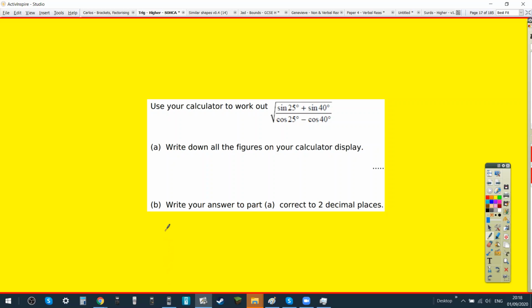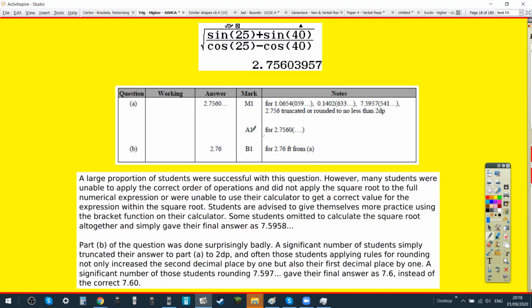Okay, I got 2.756. So it says all the figures on your calculator display. Oh, all the figures. I got 2.75603957. Yeah, and round it to 2 decimal places. What is that? That is 2.76. Well done. Okay, we're getting the hang of this.